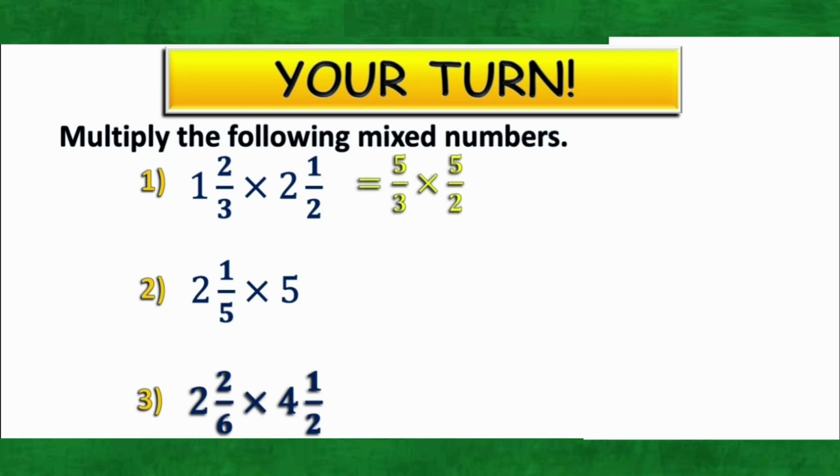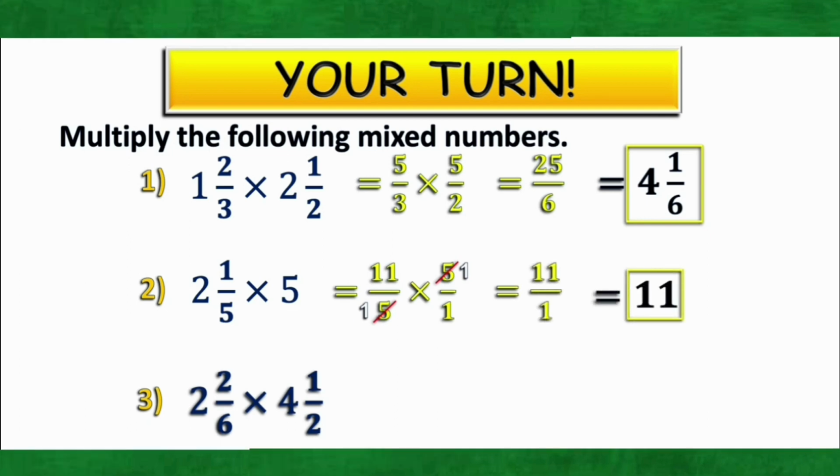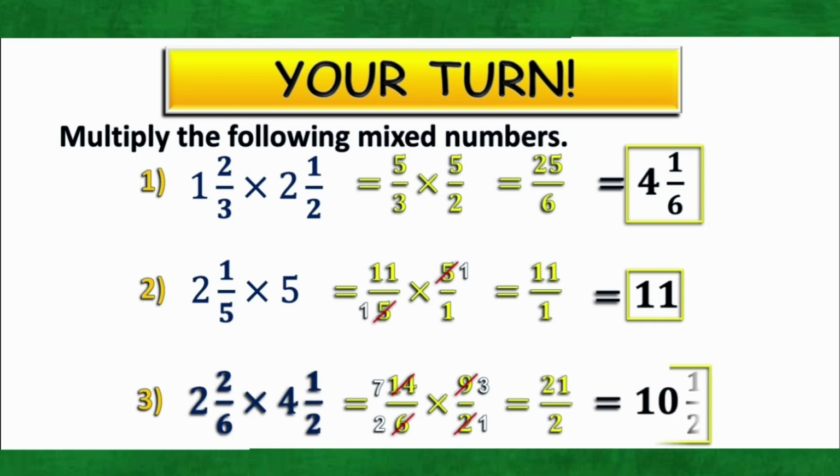Alright, time is up. Let's see if your answers are correct. For number 1, the correct answer is 4 and 1/6. For number 2, the correct answer is 11. And for number 3, the correct answer is 10 and 1/2.